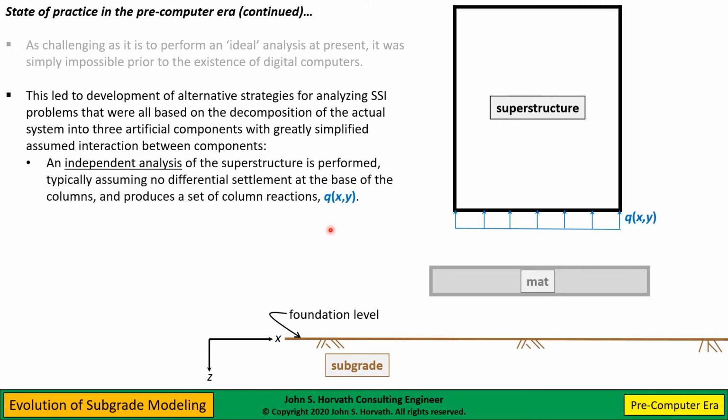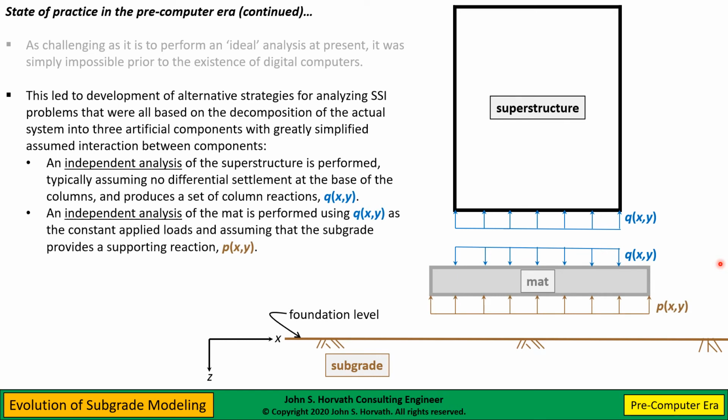Typically, the structural engineer would do an independent analysis of the superstructure, would neglect differential settlements, and you would get some reaction Q of XY. And again, this is not meant to imply a uniform distributed load. These could be any number of varying column loads.